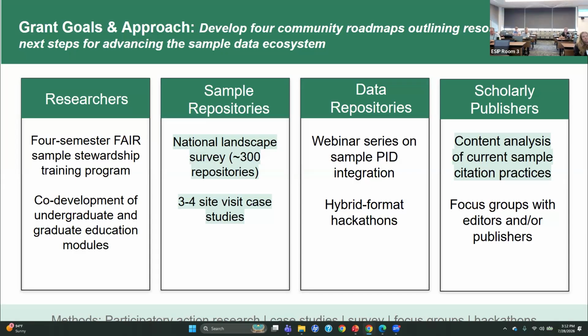So one of the major outcomes from that program will be the co-development of undergraduate and graduate education modules. So things that are going to be made publicly available that other folks that are not in the program could take in the future and implement in intro graduate courses, or take to their lab group for a meeting and talk through some of these workflow changes.